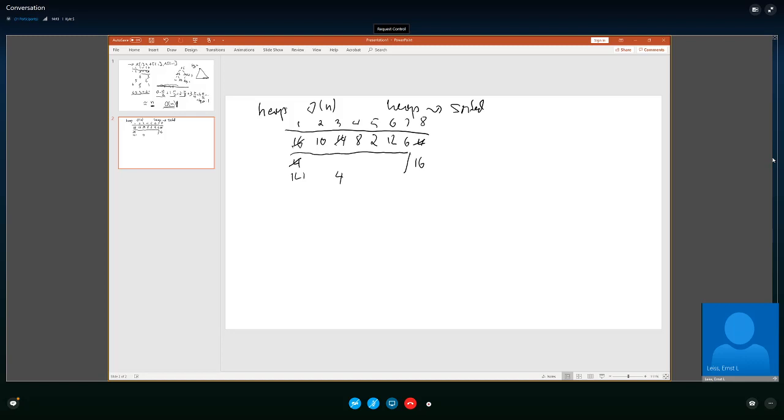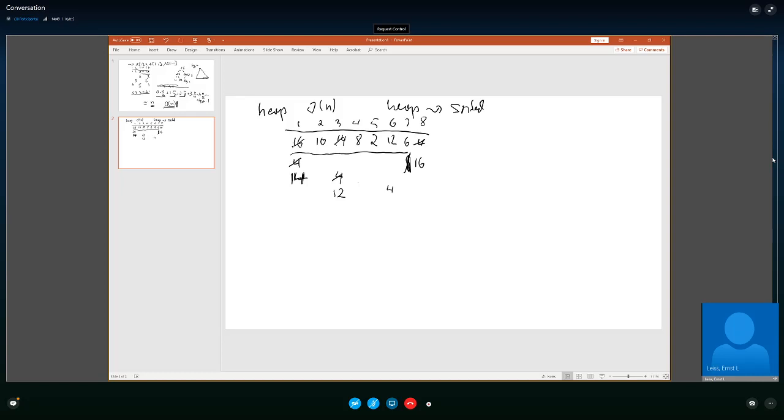So there is 12 and 6, so we have 12. So then now the heap that we have is 14, 10, 12, 8, 2, 4, 6. We're only going up to position 7. Okay, because this is already where it's supposed to be.